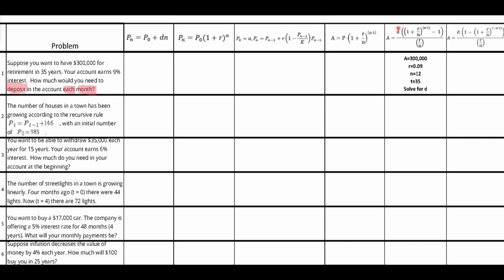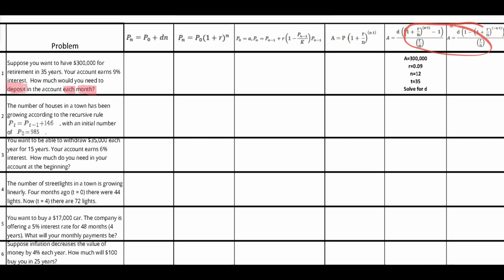So this is our first example, so you can see how this is going to be done. The A value is the amount that we want at the end. That's 300,000. The rate, we need to divide by 100 to get 0.09. The N, for these two formulas, the N value isn't how often it's compounded. It's how often the deposit or withdrawal or payment is made.